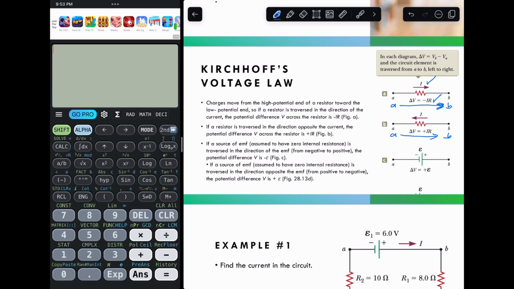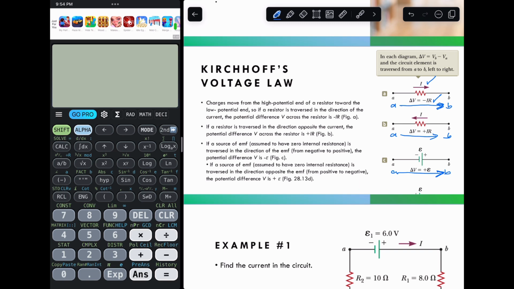For example, from A to B, the direction is going to the right. For a given source, we follow the sign of the leaving side. So for example, from negative to positive, that would be a positive voltage.